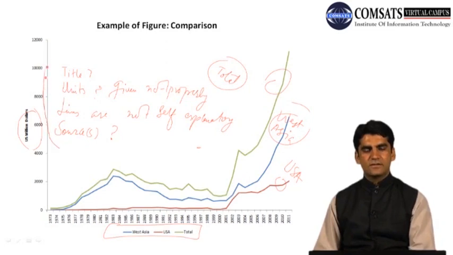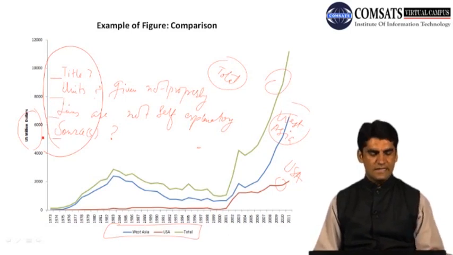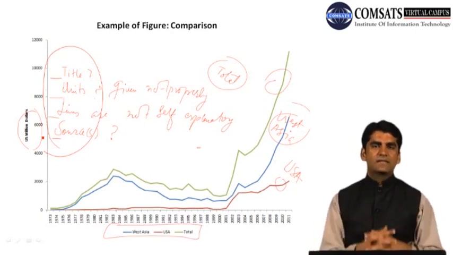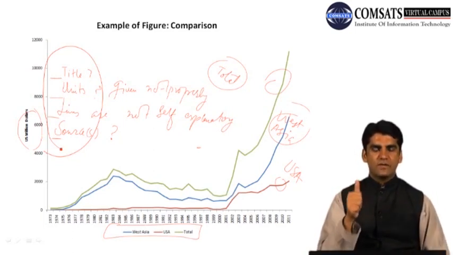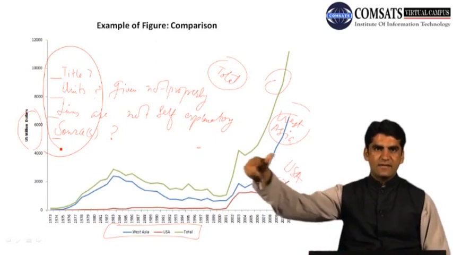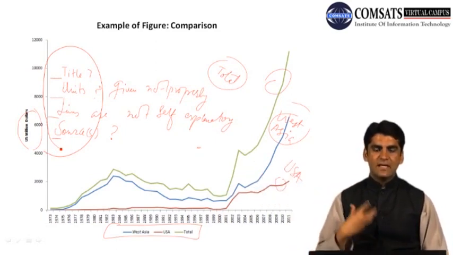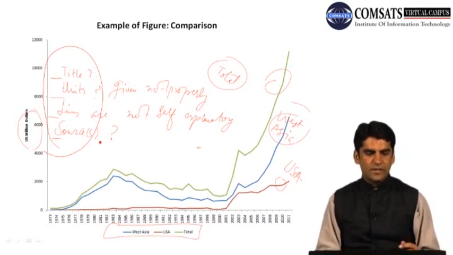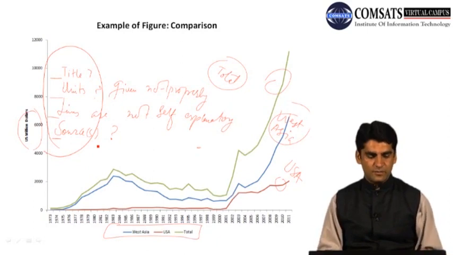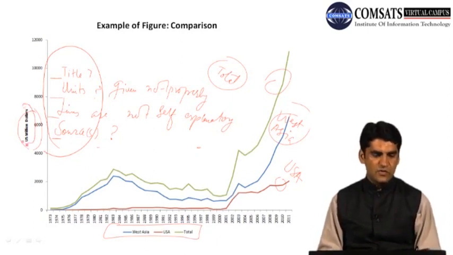So these are four things that this graph is lacking. If we put these four things in the graph, we will be in a better position to make it easily understandable. One is the title, the other is the unit of measurement, third is the lines, that is, the graph lines are not self-explanatory, and the source is missing. First, why did I say the unit is not given properly? We have given it here as US million dollars, but what is it actually?